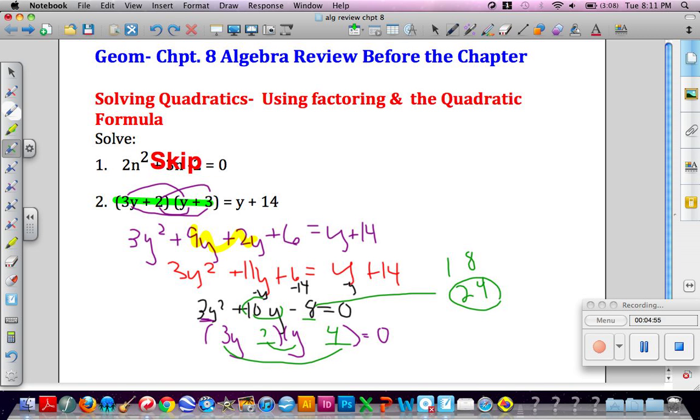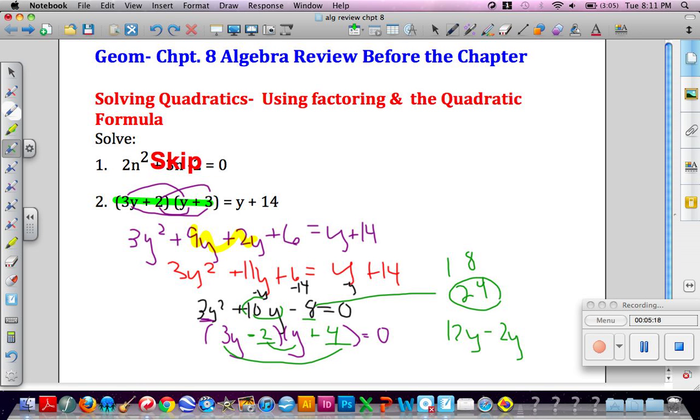If you look at your outer, you're going to get a 12y. And when you look at your inner, this is going to get you a 2y. I need positive 10, so I'm going to need a negative 2y. That's why this is going to be a negative. That's going to be a positive.